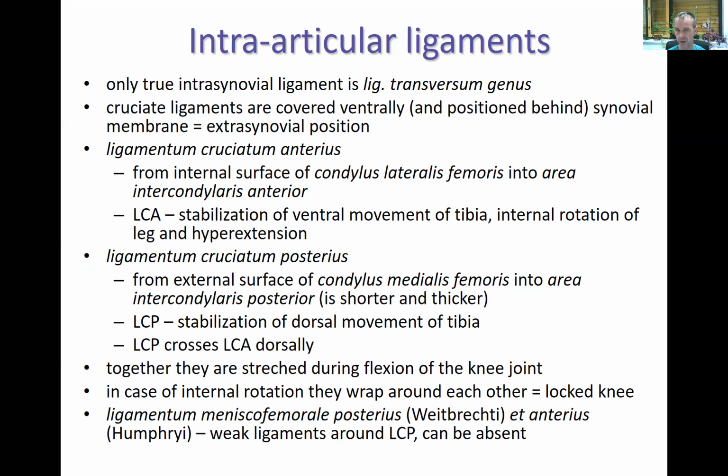Its function is to stabilize against ventral movements of the tibia, to prevent too extensive internal rotation of the leg, and to prevent hyperextension. On the contrary, the posterior cruciate ligament originates from the medial condyle of the thigh bone.